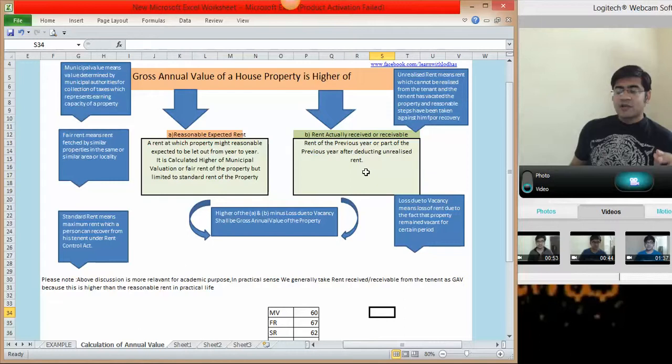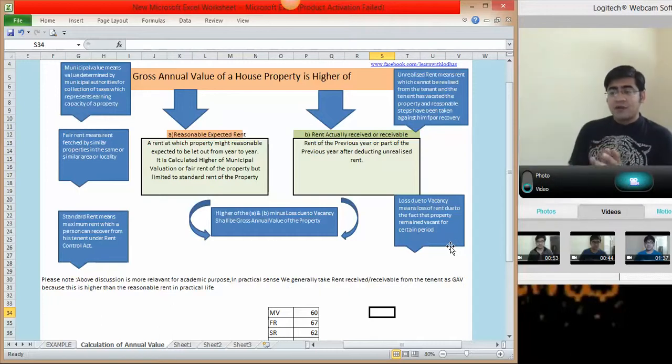He left without paying the rent. But in loss due to vacancy, your flat or house remained vacant due to non-availability of a tenant. There was no tenant available, that's why your property remained vacant. That period's rental loss is called loss due to vacancy.